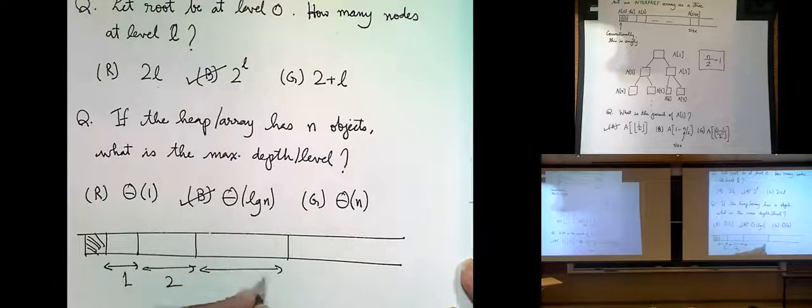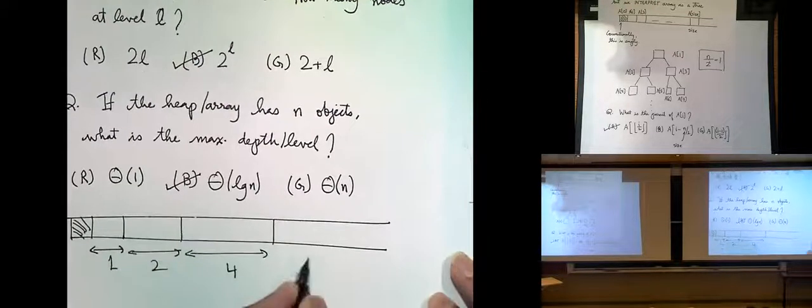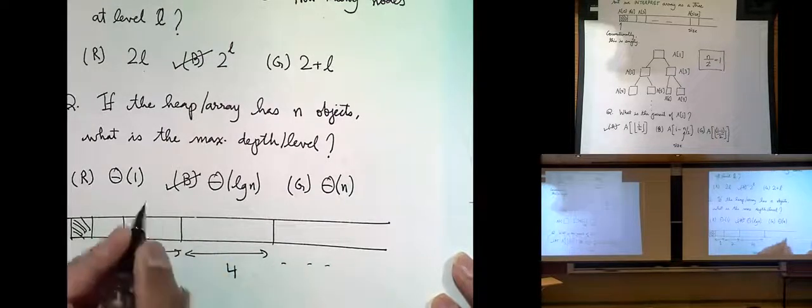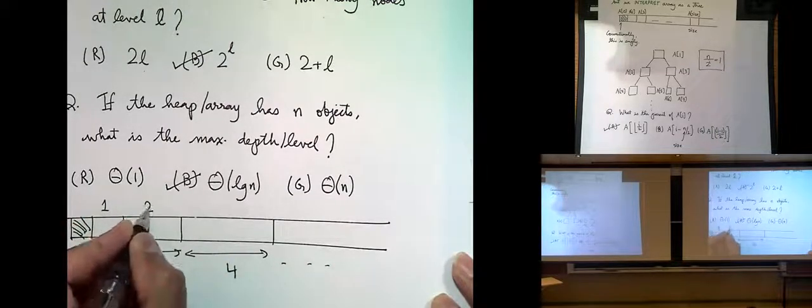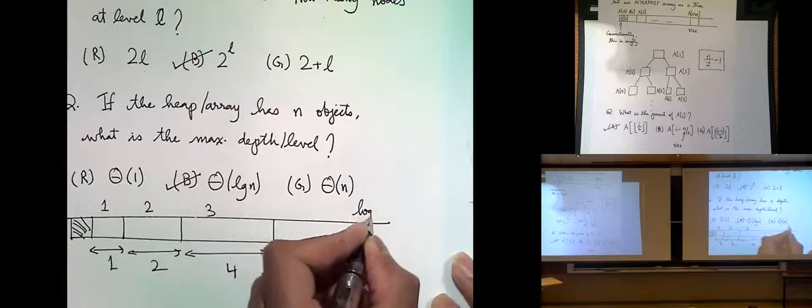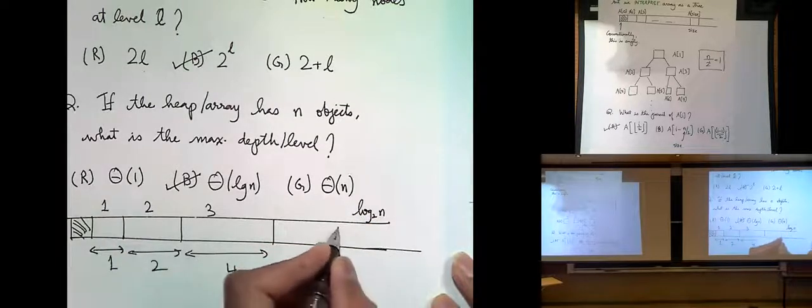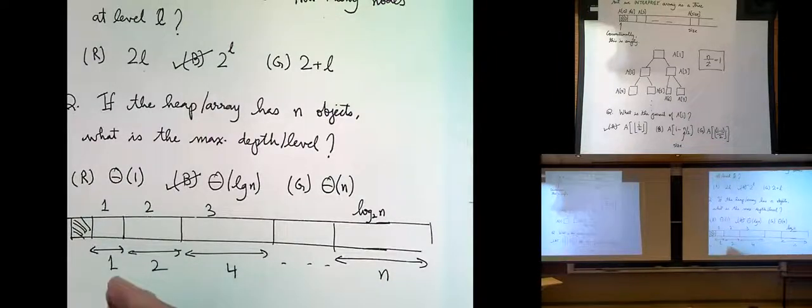The next level is 4 nodes, and so on and so forth. So this is level 1, level 2, level 3. Once you go up to log base 2 of n, that level is going to have n nodes in it. So in some sense, you cannot go up to log n levels. You have to go up to log n minus 1 levels, right? Because you would see n nodes if you do this.